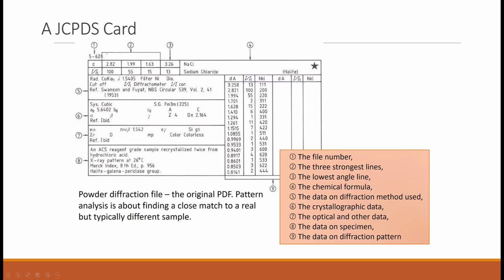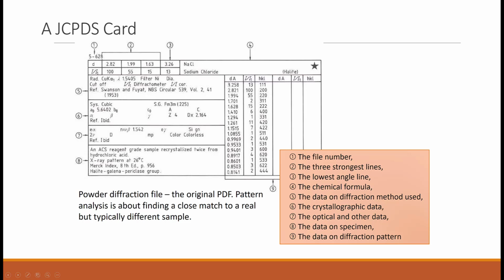This is what an old traditional card would look like, and all the information that you would have on it. Some important things we can pick out are that, of course, this was done using copper radiation, but the card doesn't necessarily assume that you're using the same tube.